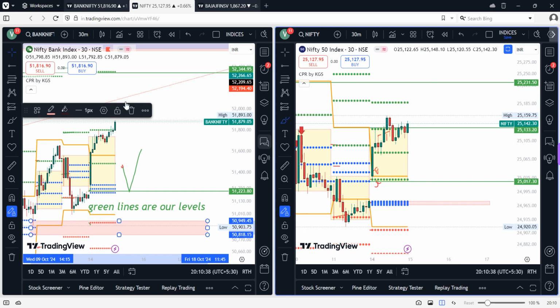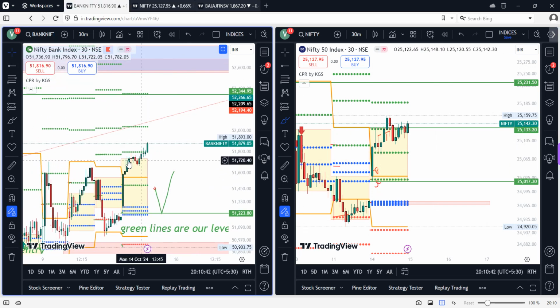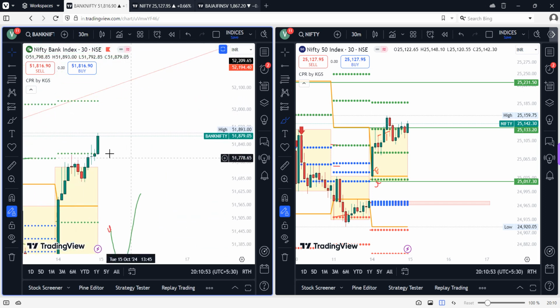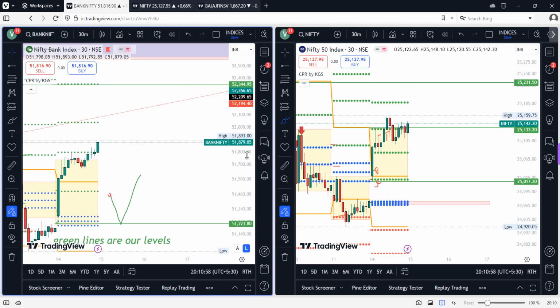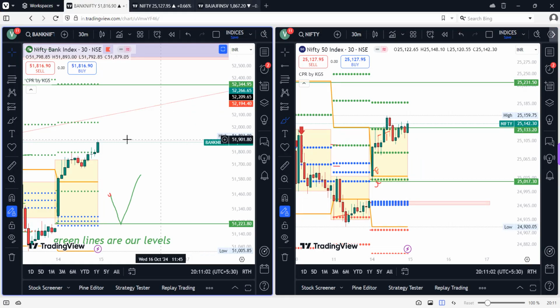There is no turning point in Nifty. Here you can see there is a breakout and some sustain. The price has sustained for some more time, but this is not so significant, so I am not marking it as a turning point. So no turning points.